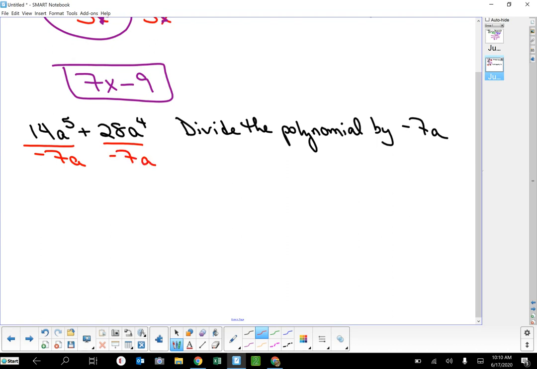Well, positive 14 divided by a negative 7 is a negative 2. A to the 5th and an a to the 1st, you would cancel one of these out, and this would leave you 4 of these. So a to the 4th. 28 divided by negative 7 is negative 4. And a to the 4th, you take one away from this one, gives you a to the 3rd.